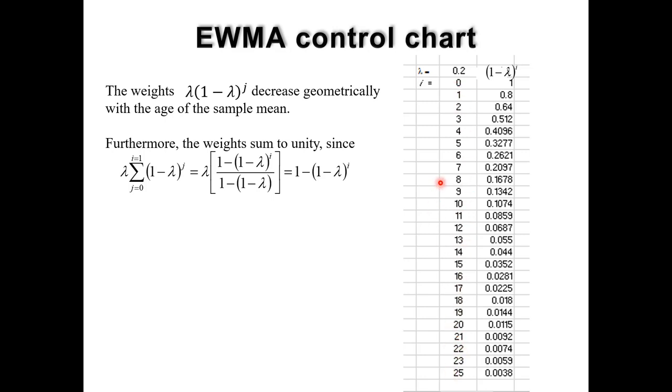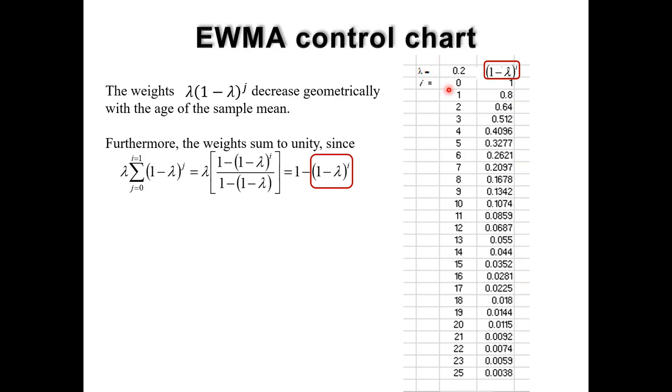Okay, so you plug in values for (1 minus lambda) to the power of i. This is the respective value of lambda, which is 0.2 in this case, and i is the number of observations. What we have done here is find the value of (1 minus lambda) to the power of i for each and every observation.